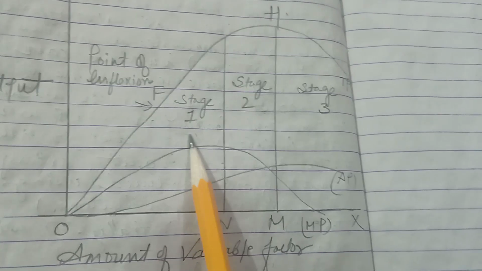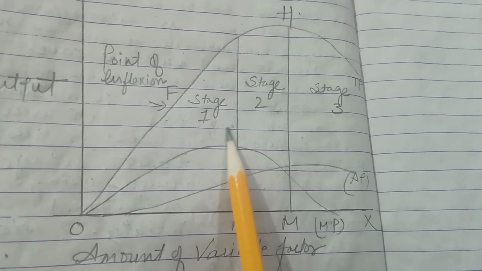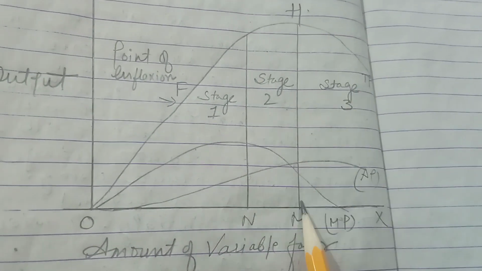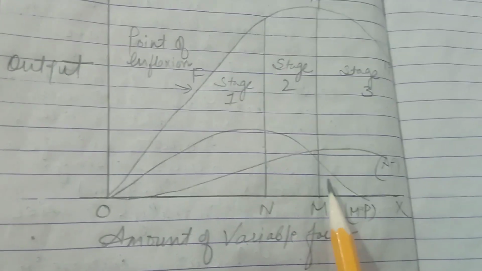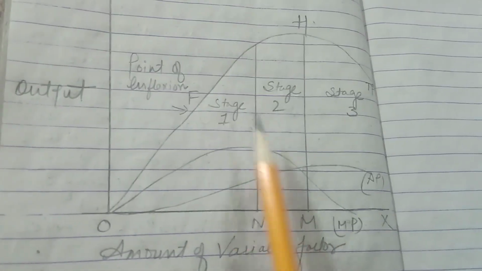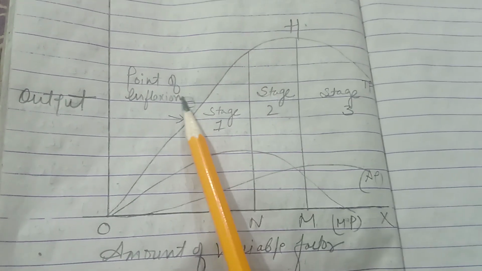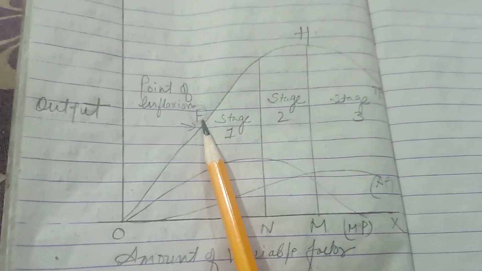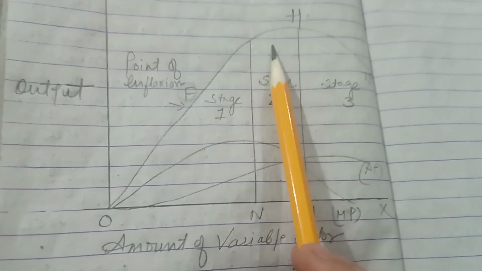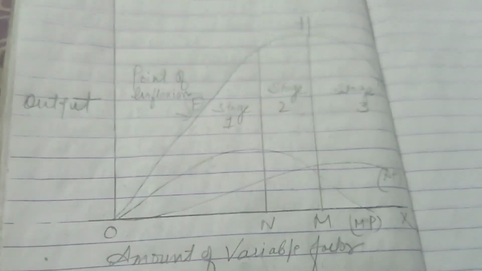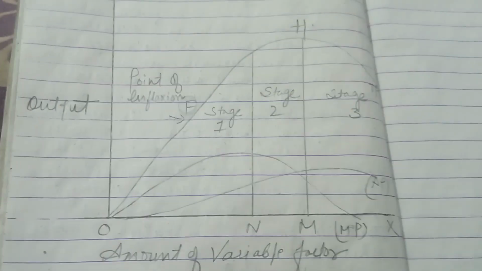Stage 1 says that MP rises, AP rises and TP rises. All three are rising. After point F, TP rises but at a diminishing rate. Now it is showing the diminishing, which means it's going down.